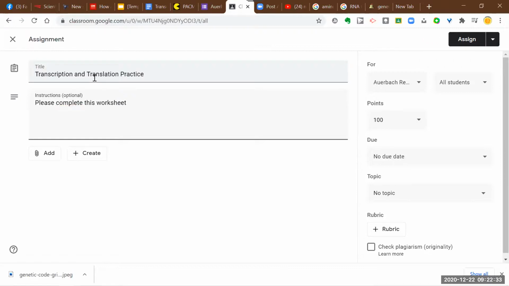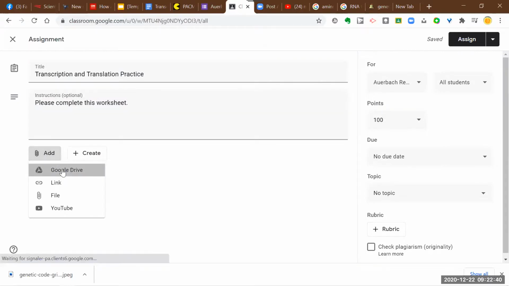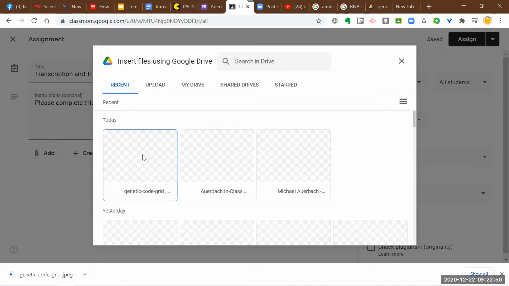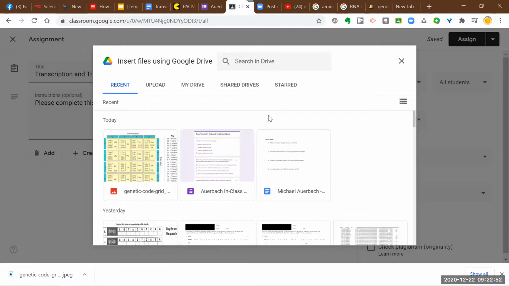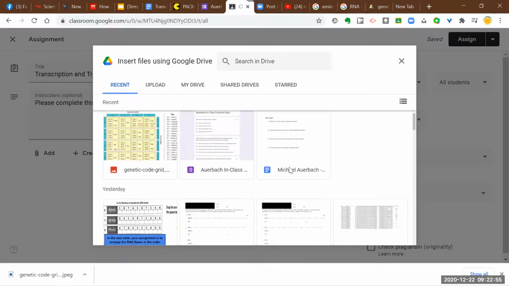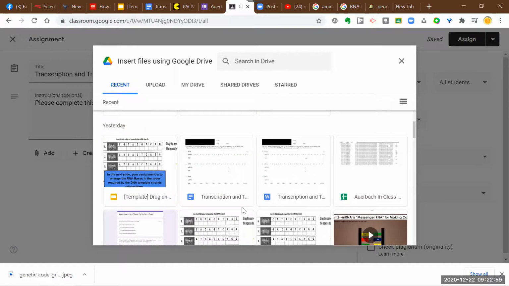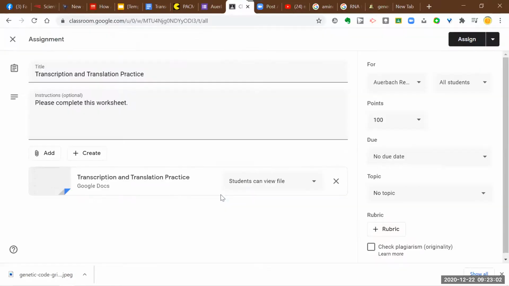Oh, dang it. Okay, that's dumb instructions. Please complete this worksheet. Okay, and I got this ready last night. Should be right here. Boy, everything's super slow today. Uh-oh, here we go.